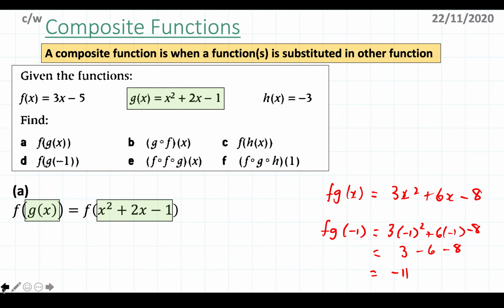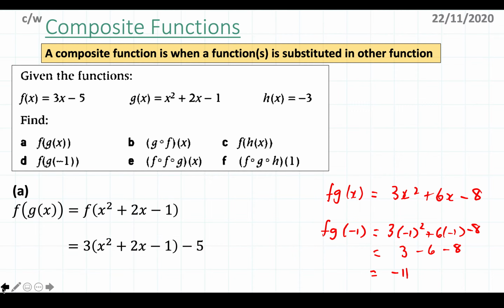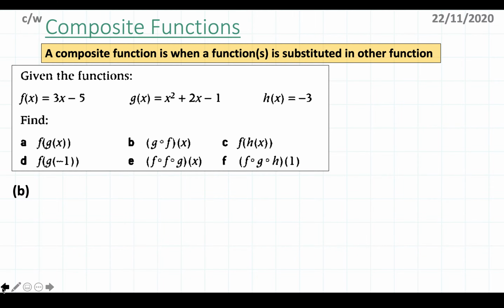A couple more examples. One thing to note is that the order matters. If you do f of g, it's not the same as doing g of f, and that's where we do part B. So again, it's the same notation, I'm just using a circle instead of a bracket.